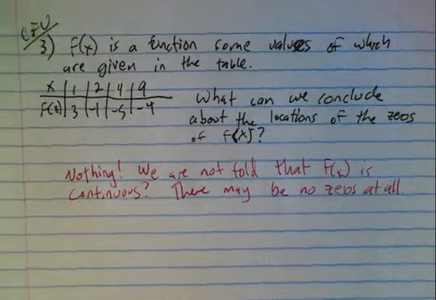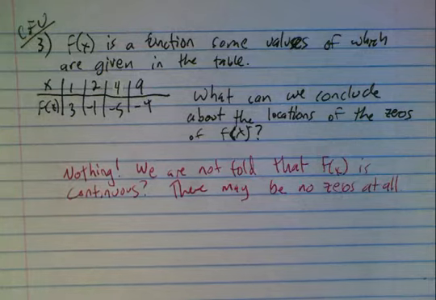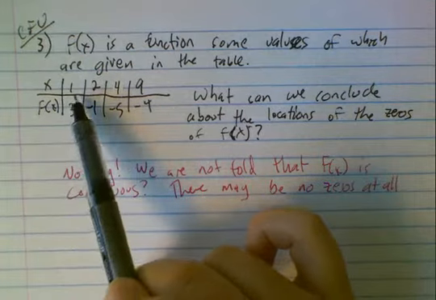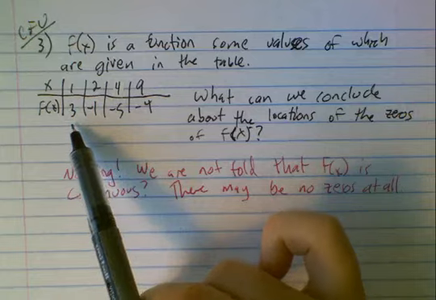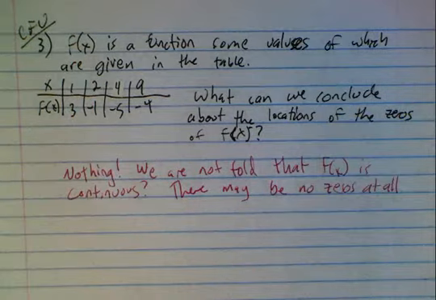There may be no zeros at all. Perhaps these are the only 4 points in the entire function. If we were told that it was continuous, then we would be able to conclude that there is a zero between x equals 1 and x equals 2 because there's a change in f of x from positive to negative here. But if we're not told it's continuous, nothing.